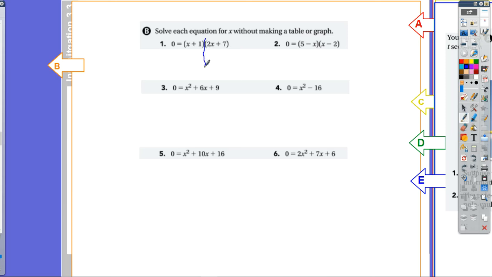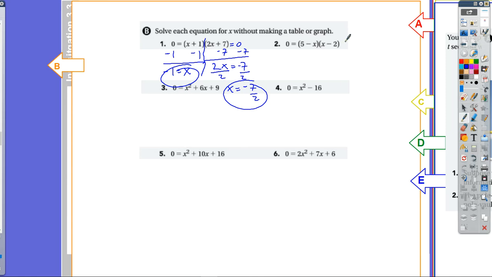So we're going to break things apart, set both sides equal to 0, because it's already equal to 0. The opposite of adding 1 is subtracting 1, and so I get negative 1 is equal to x. On this side, slightly longer, minus 7, so we get 2x is equal to negative 7, divided by 2, and I get x is equal to negative 7 over 2. So here are my two answers.